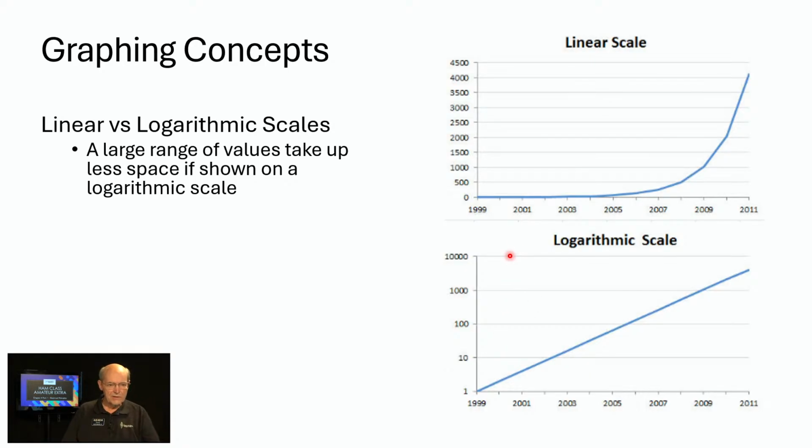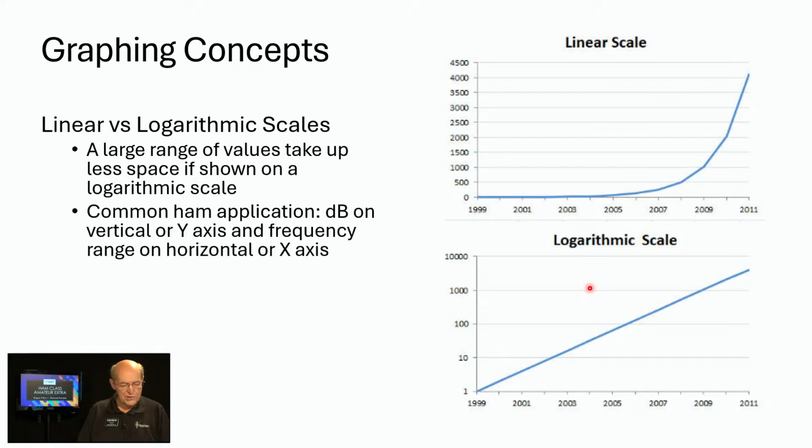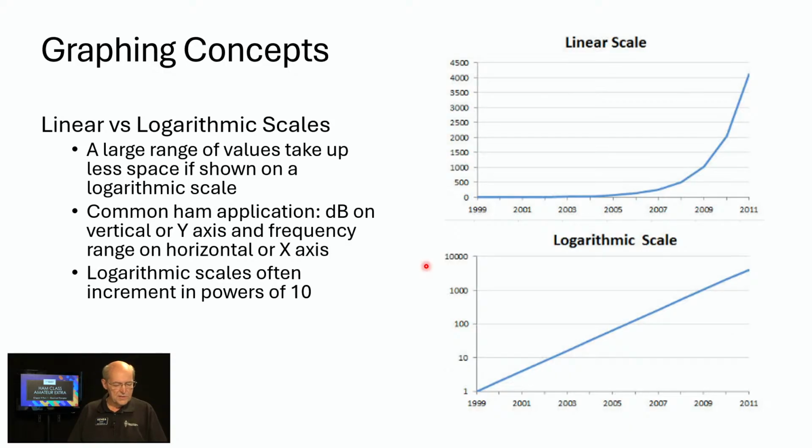So if you're dealing with large values, like the full ranges of frequencies, a lot of times a logarithmic scale is easier to display the information on. Because this is going up by powers of 10, you'll very often see decibels on this scale, or wide ranges of frequencies.